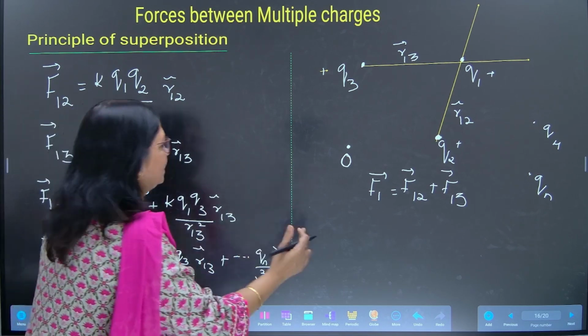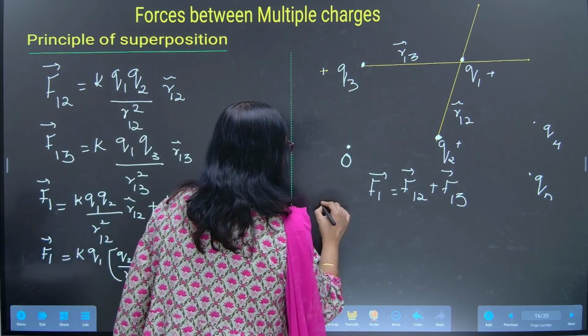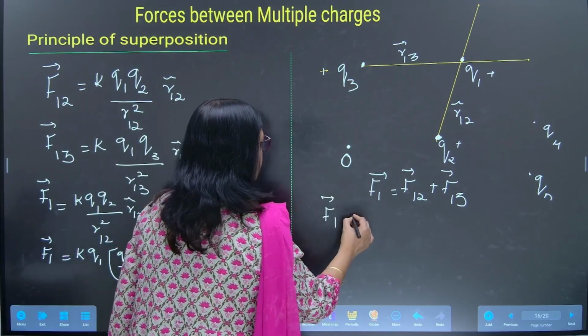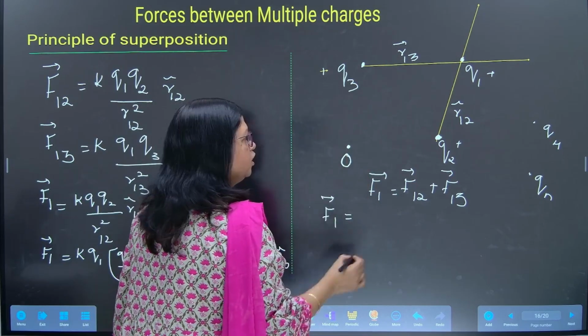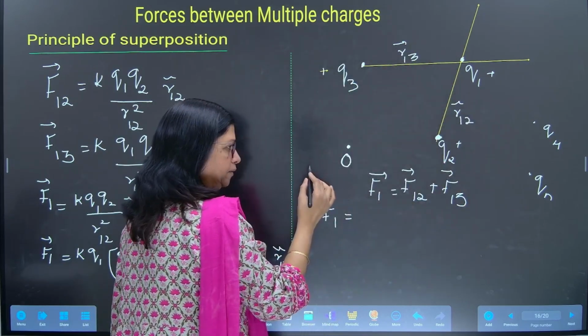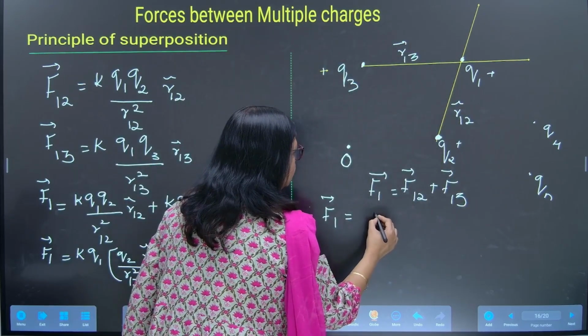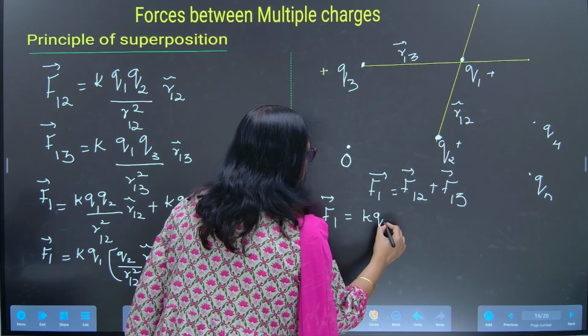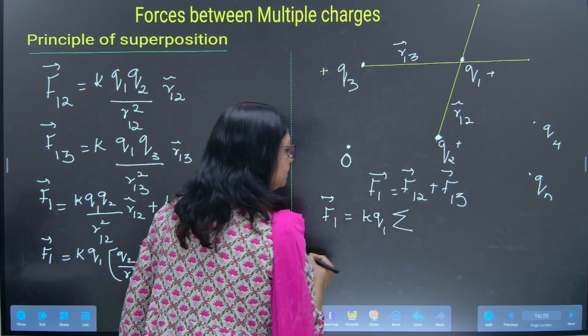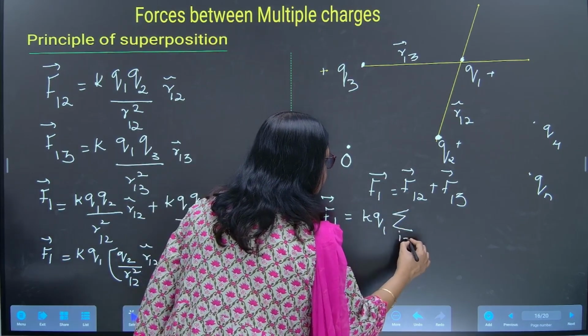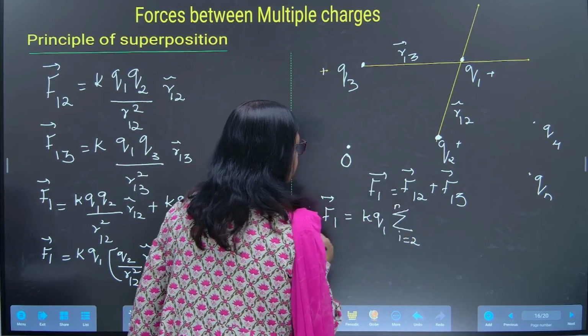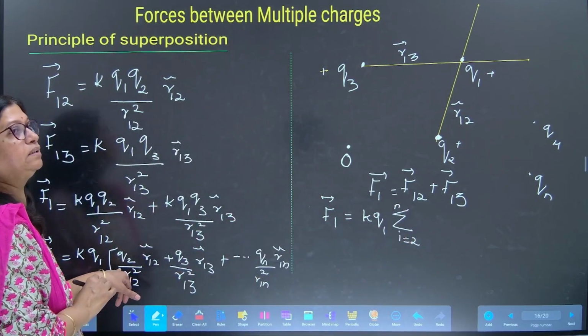Okay, so writing the formula for the total force acting on the charge Q1 due to all these charges, we can say K Q1 sigma, which is the symbol of summation, i is equal to 2 to n, because our charge is starting from 2.